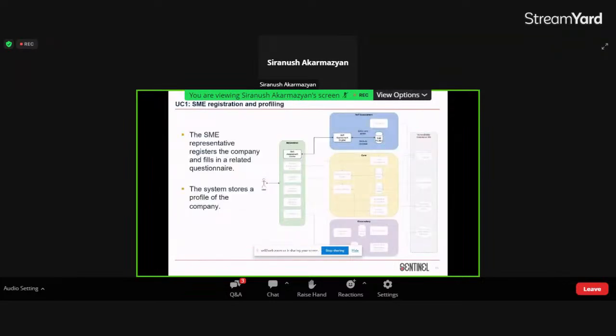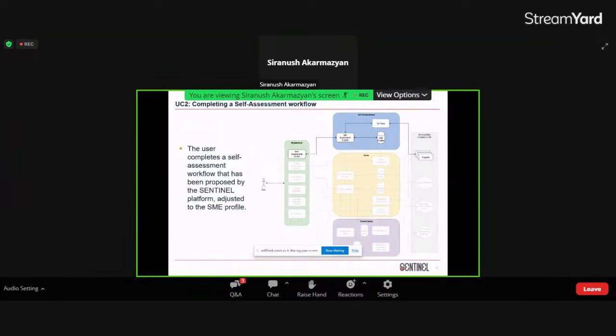So just very briefly about these use cases: the first step for any SME that wants to test the Sentinel outcome on the platform is that they register their company and fill in the related questionnaire, and the system stores a profile of the company.